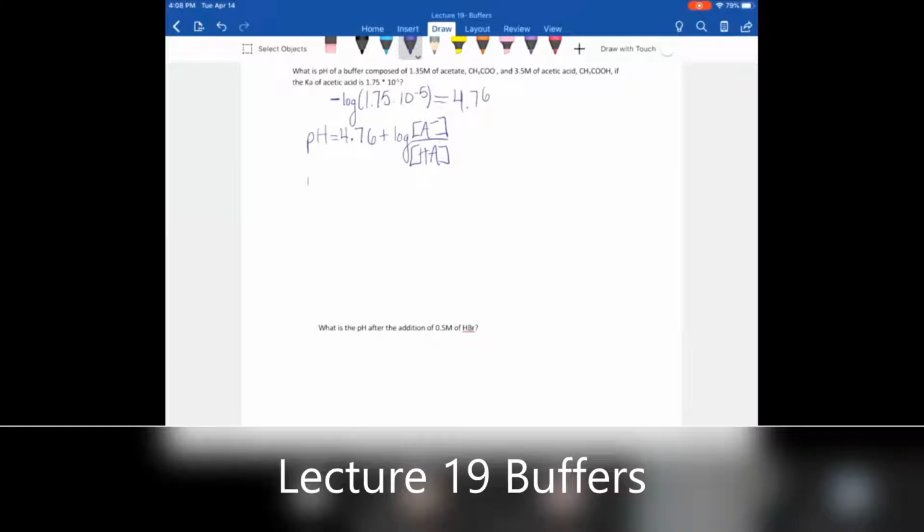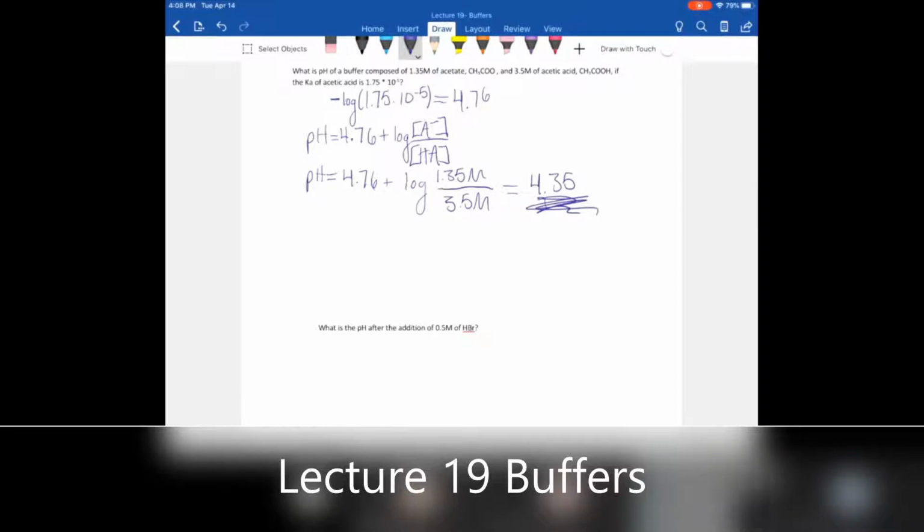So pH equals 4.76 plus log of 1.35 molar over 3.5 molar, and you should get a good answer. You're going to get 4.35 as the pH of your buffer.